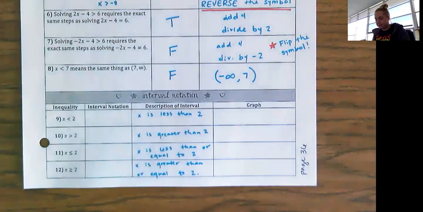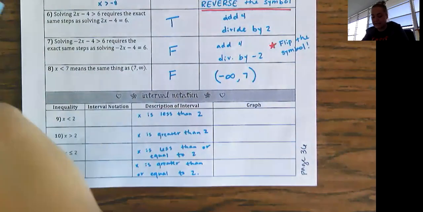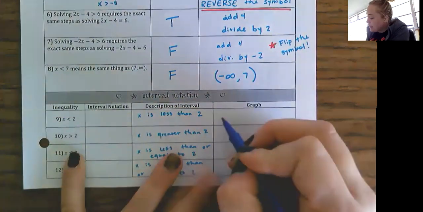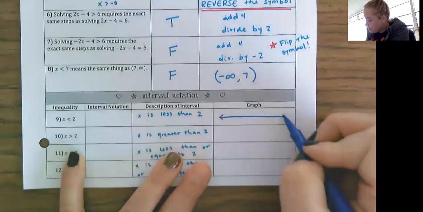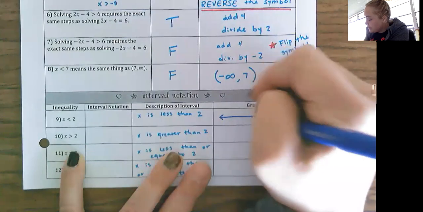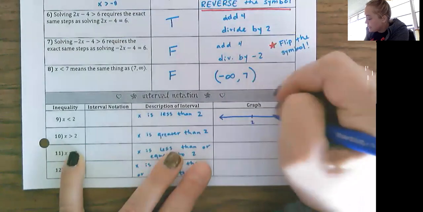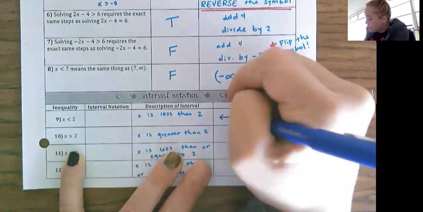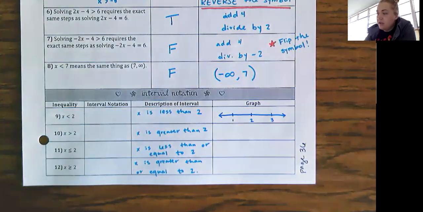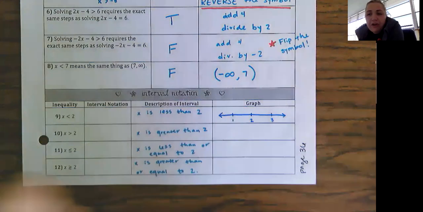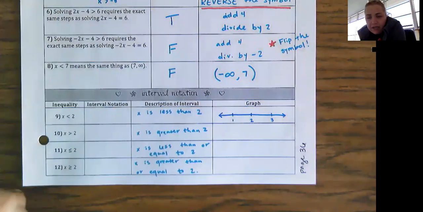Okay, so let's get a graph of these things on here. Now, I would like our graph to look like this. I want you to draw a line. And we know that we're dealing with the number 2, so I'm going to put a 2 in the center, with 1 below and a 3 up above. If I were to graph this, it says that x is less than 2. When we graph inequalities, we always want to shade where the solution could possibly be.